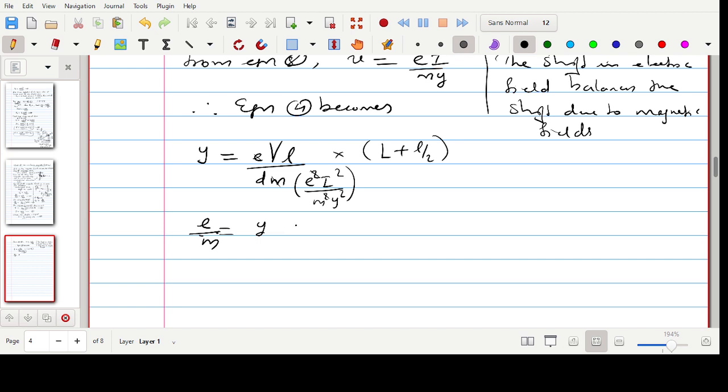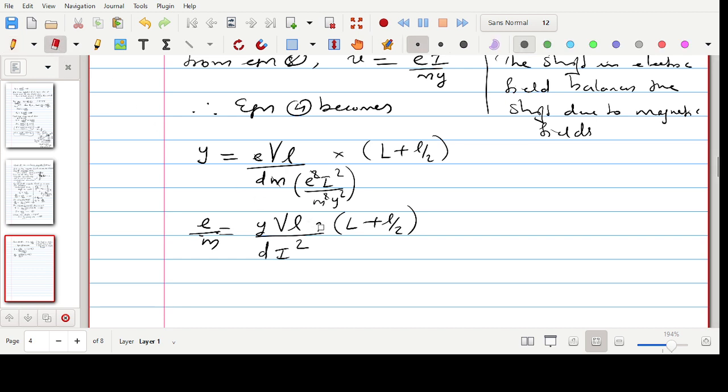Then in the numerator we will be having y, v, l by d I square into L plus L by 2. Is it correct? E by m equal to, sorry, this m is taken to left hand side, so one m will cancel with it.